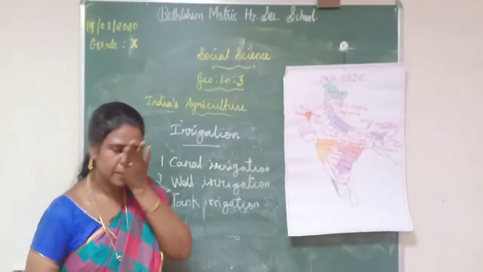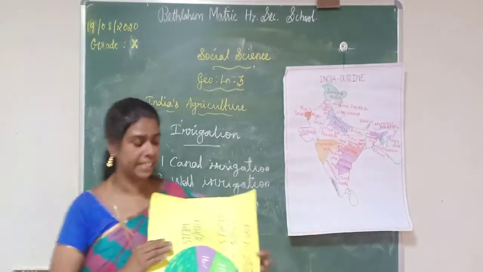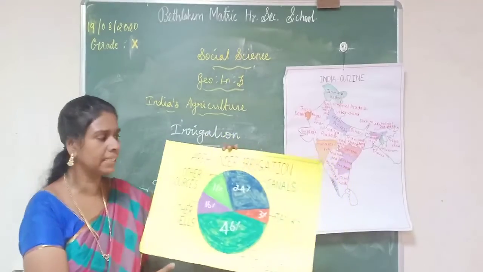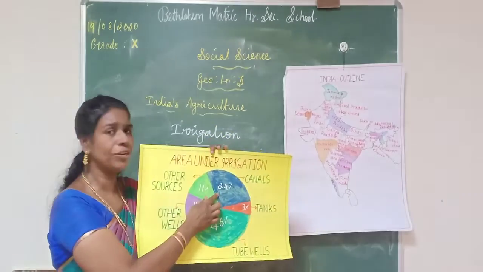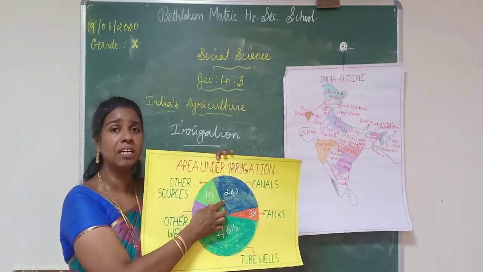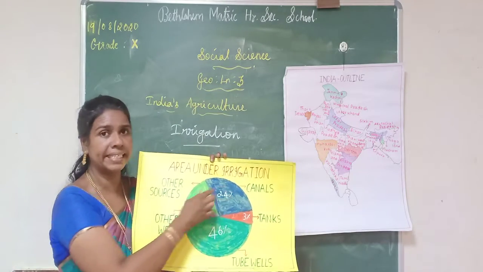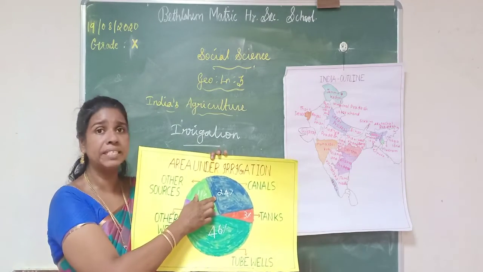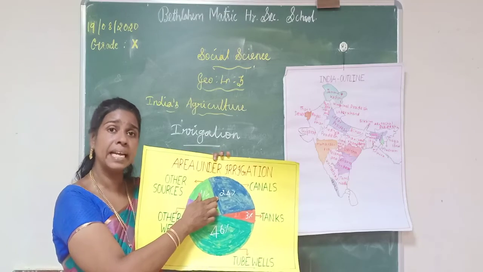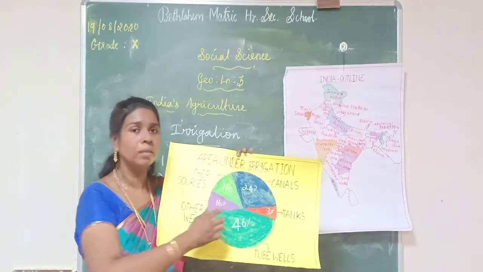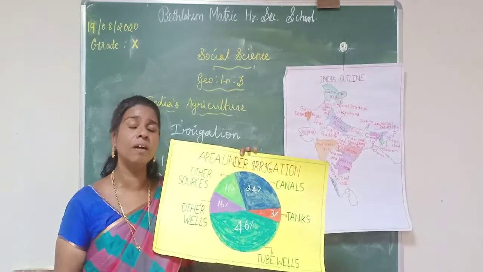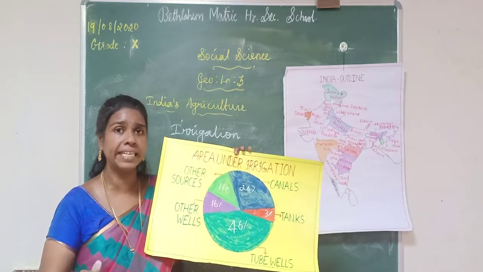Now listen here. There are three sources of irrigation. First one is canal irrigation. In the whole of India, 24% of areas are irrigated by canals. 62% of areas are irrigated by wells.